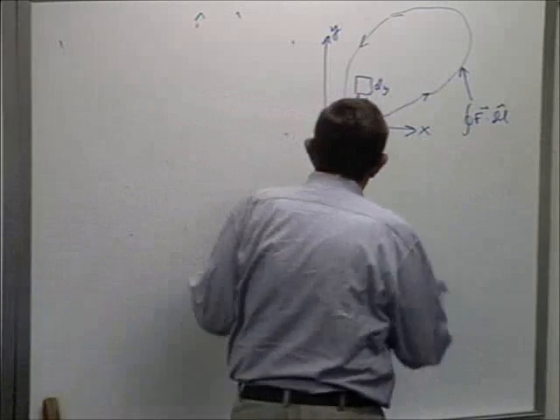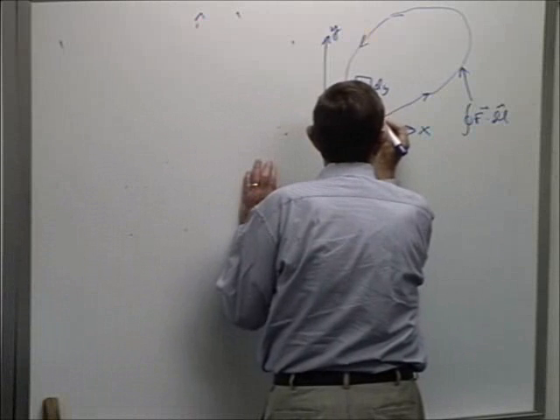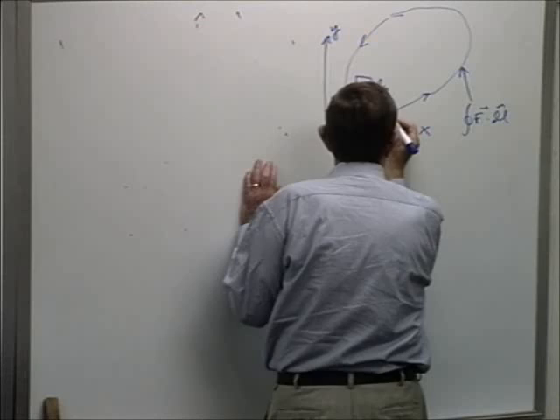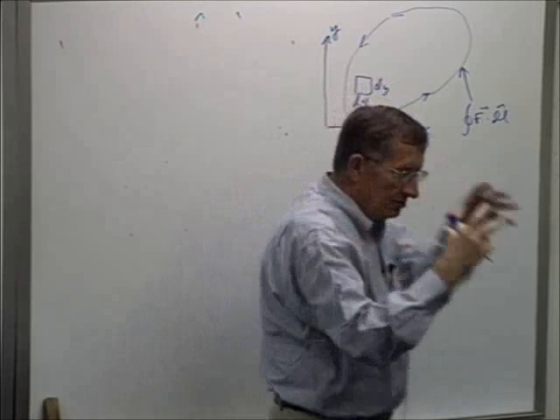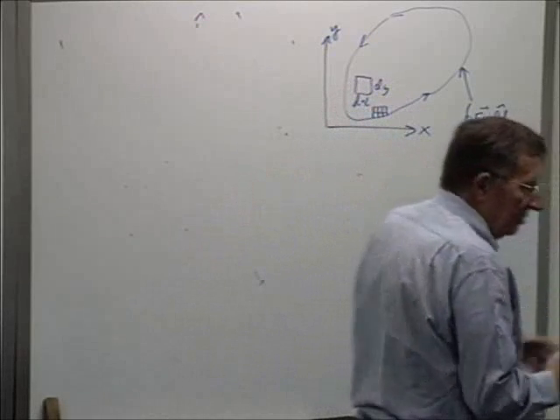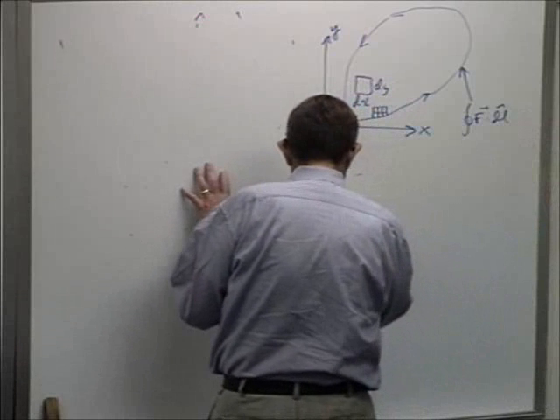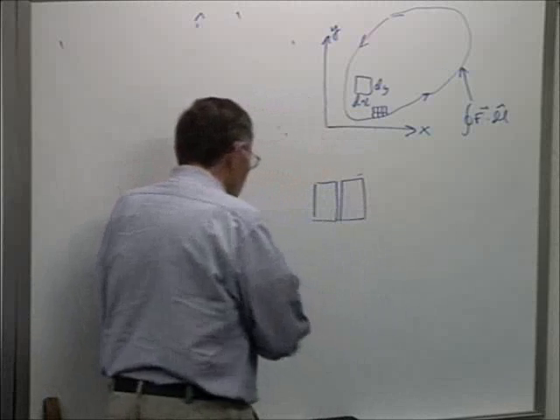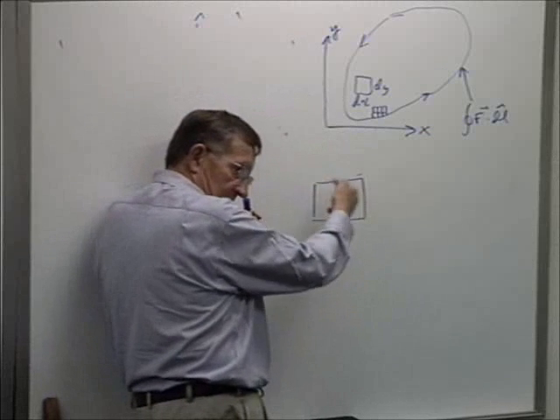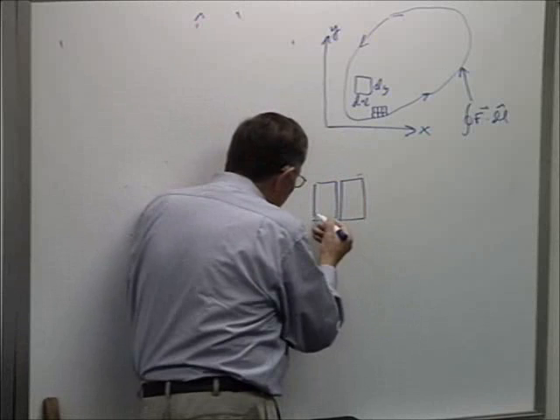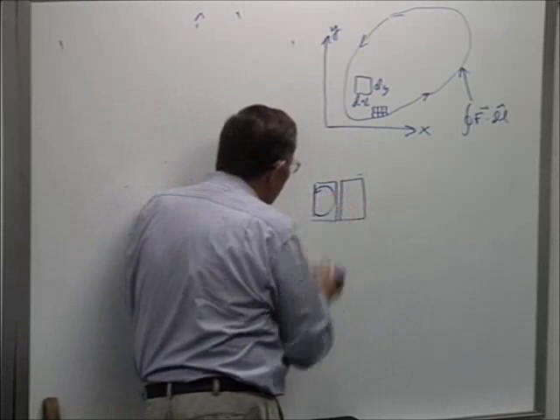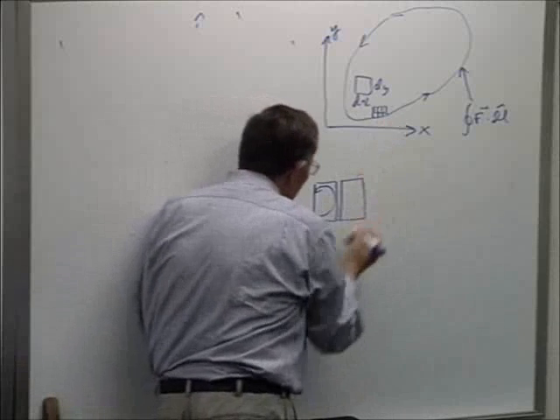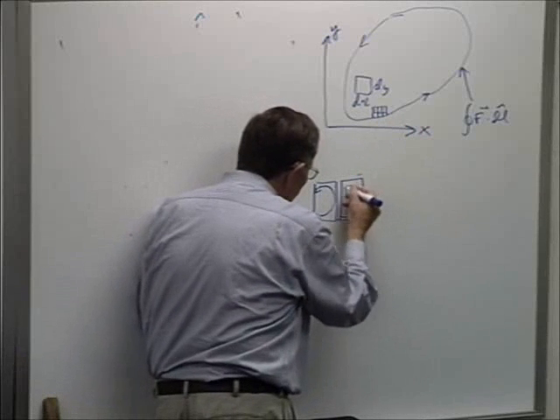You could break this into small elements. So let's take two individual elements, and do the line integral around this one, and then another one right next to it.